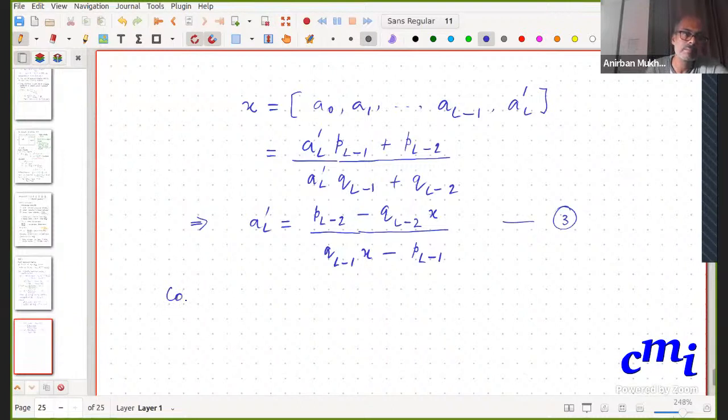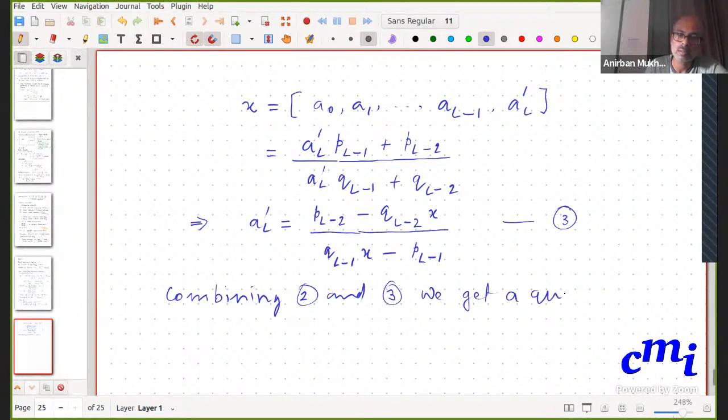Combining 2 and 3, we get a quadratic equation in X, with integer coefficients.